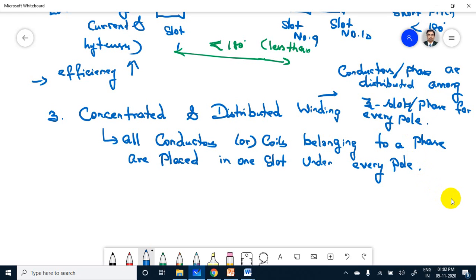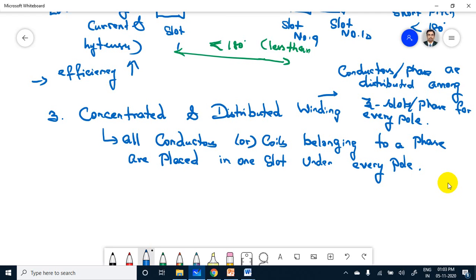So in today's class I explained what is meant by armature winding, how to write the armature EMF produced in the armature winding equations, there are ER, EY and EB, and what terminologies are used in armature winding.